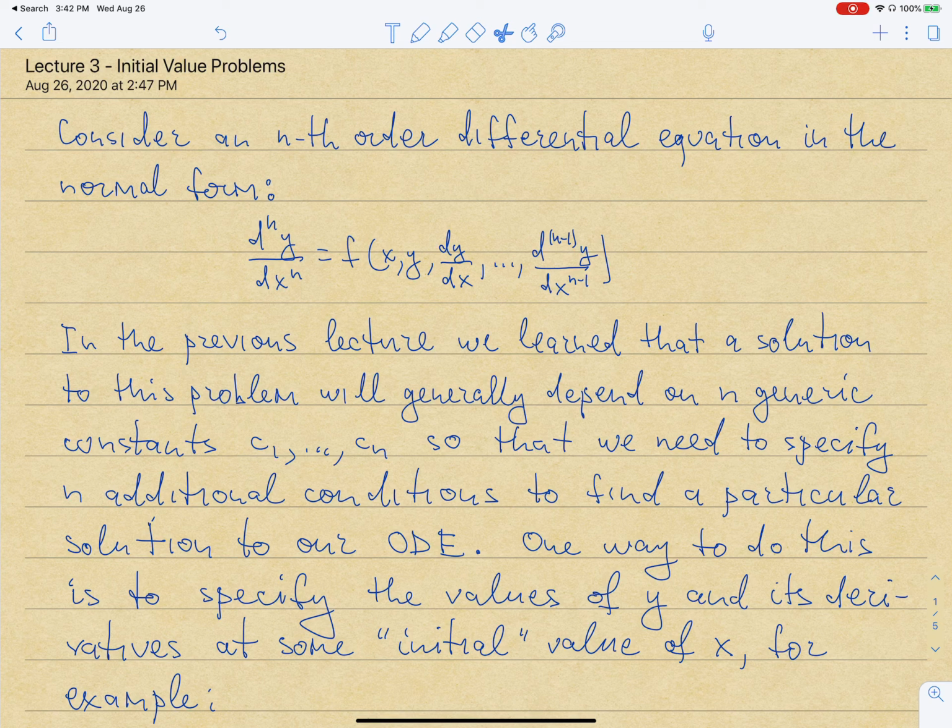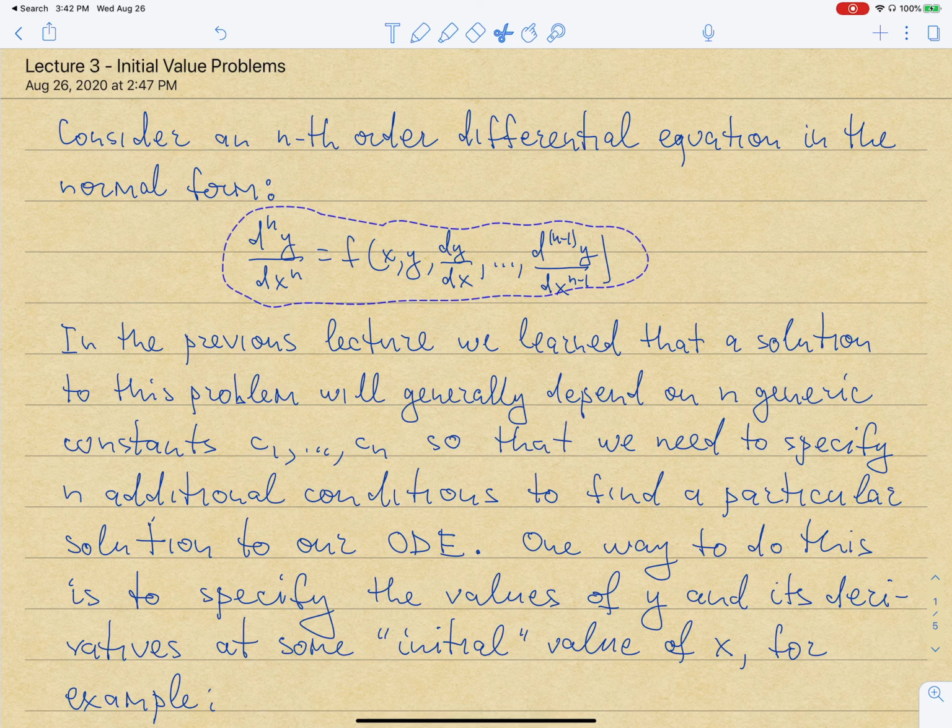And when I integrate n times, then I should end up with n unknown constants. And therefore, a solution of this equation should be an expression that involves an unknown or generic constant. And we term that an n-parameter family of solutions. So a guy like this will have an n-parameter family of solutions.